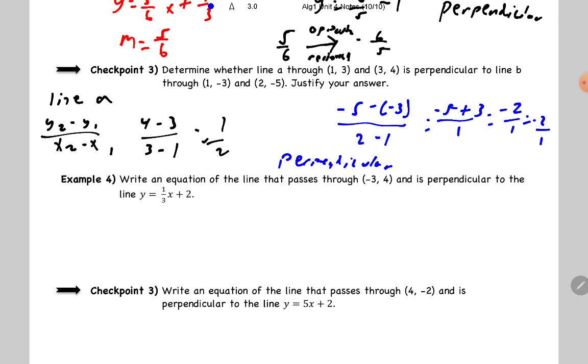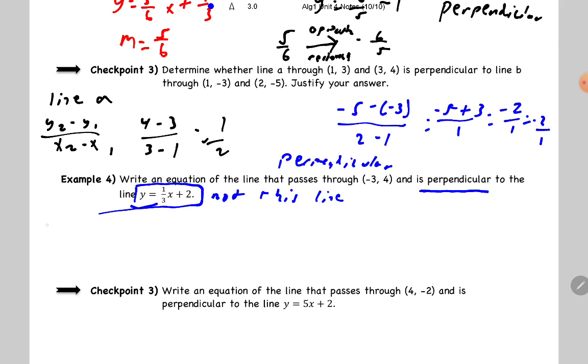Example 4. Write an equation of a line that passes through that and is perpendicular. So we've been working with parallel. So this is perpendicular. And once again, we are not using this line. Okay.